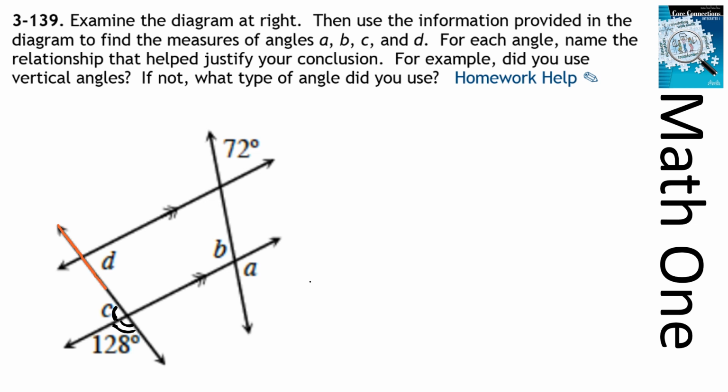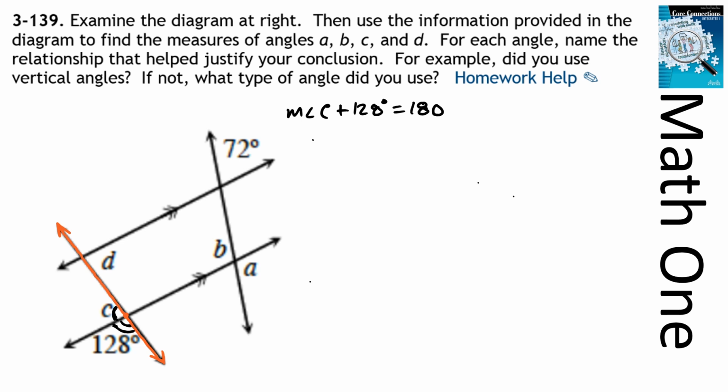And when we have a pair of angles that form a straight line like that, it's equivalent to a 180 degree rotation. So I know that those two angles have to add up to 180 degrees. So the measure of angle C plus the 128 degrees has to be 180 degrees.